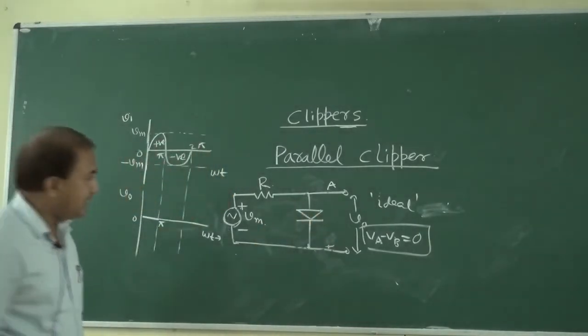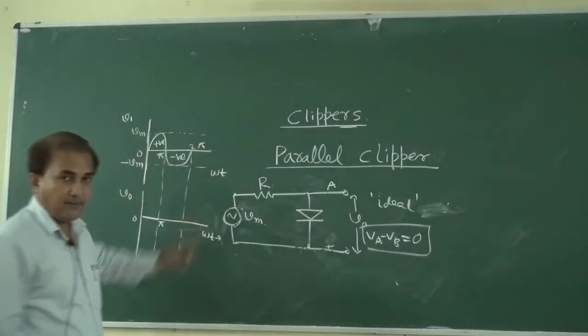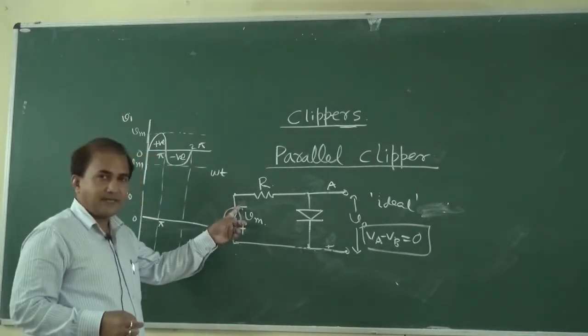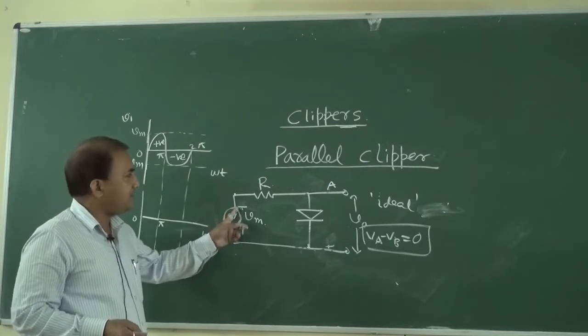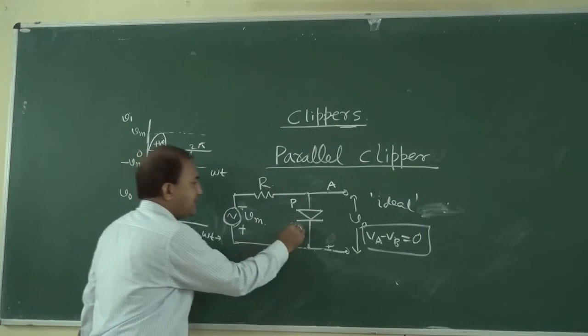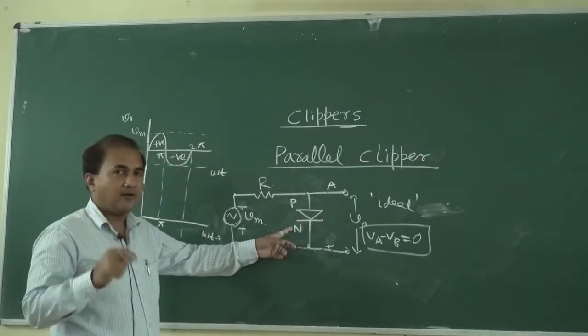In the negative half cycle, the polarity of the input changes. Here it is the negative terminal and here it is the positive terminal. So the negative terminal is connected to the P side and the positive terminal is connected to the N side of the diode.